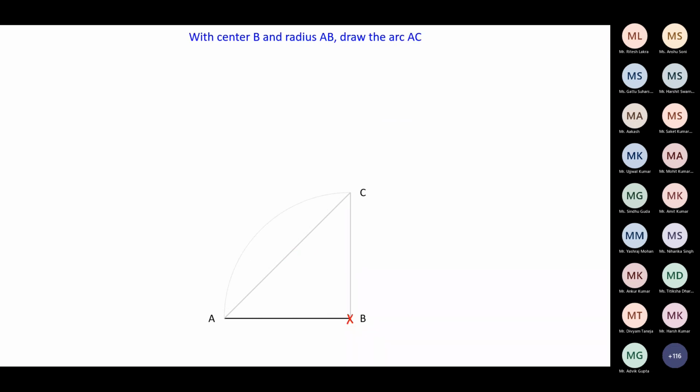Okay. So this is the first part we had, right? The initial line AB, then we have constructed this line BC perpendicular to AB. Then we have joined this line AC. Later, we have constructed an arc AC with center B, radius equal to AB. Then in this part, we have drawn the perpendicular bisector of AB.